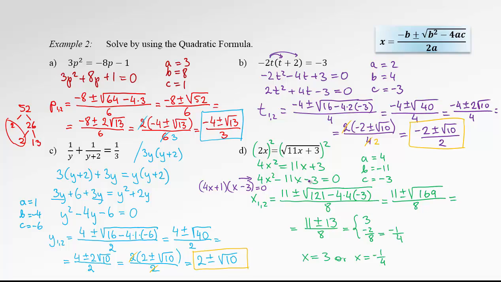The last term product is negative 3, the first term product is 4x squared, and the middle term comes from multiplying the inner and outer and adding them up. So it's 1x minus 12x. Yes, it's negative 11x. So yes, we could do it by factoring and we would get those roots instantly, but we wanted to practice using the quadratic formula in this example.